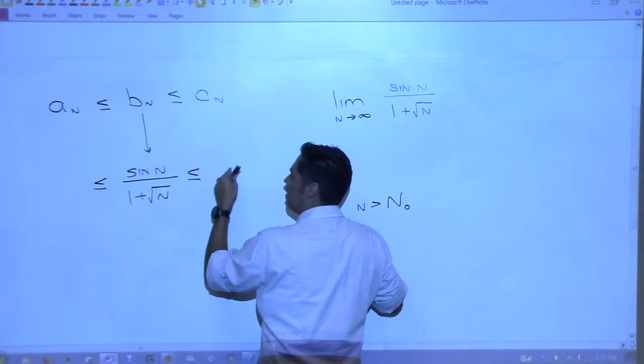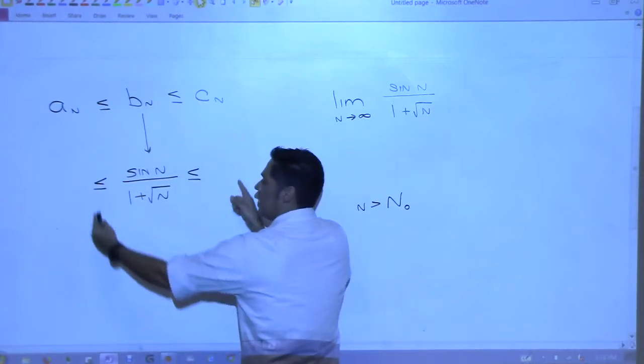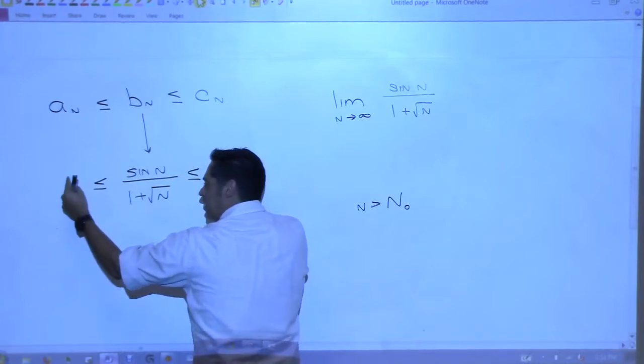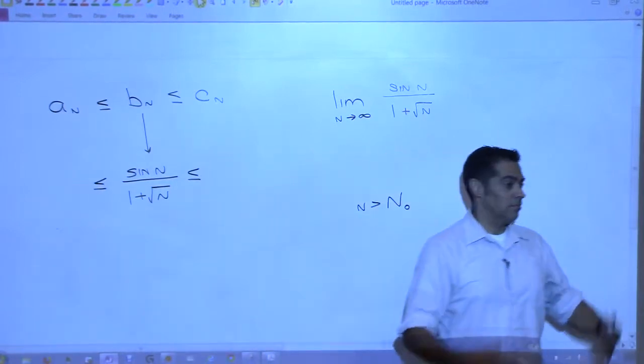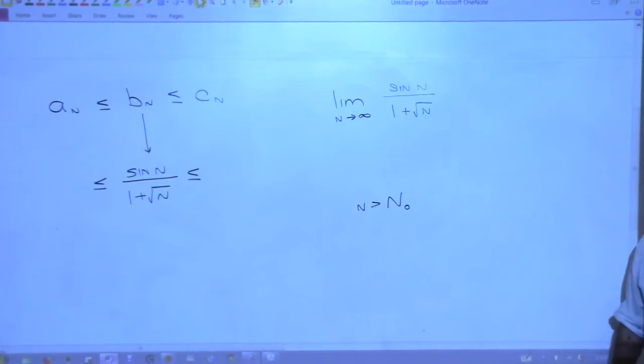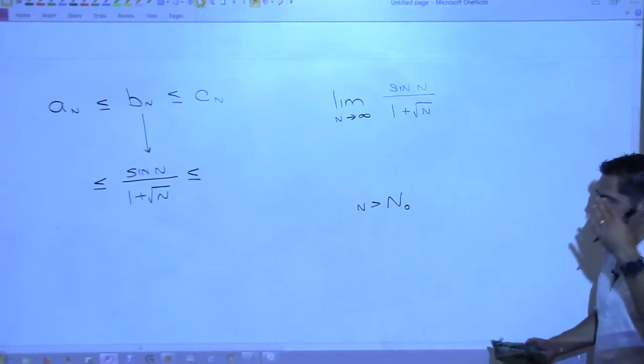We need to know their limits, and that they go to the same place. That's pretty simple, right? Do y'all understand what we're trying to do? We have to come up with something.